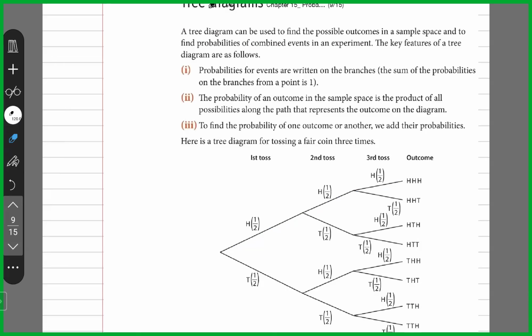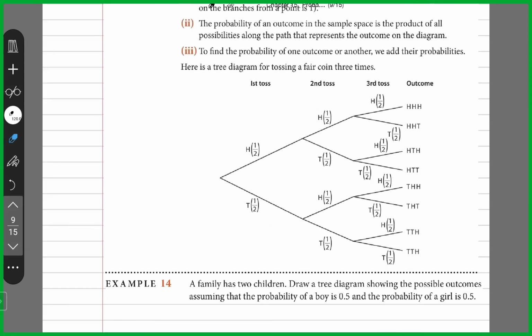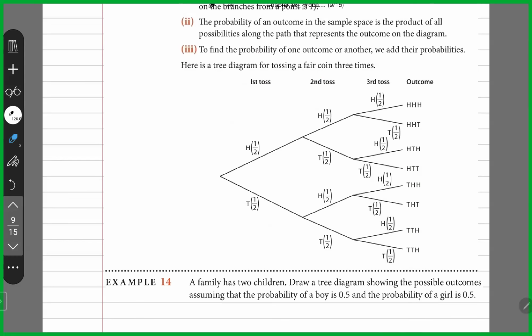Here is a tree diagram for tossing a fair coin 3 times. So one coin is tossed 3 times, and this is the tree diagram that represents that. So here you will have the first toss.